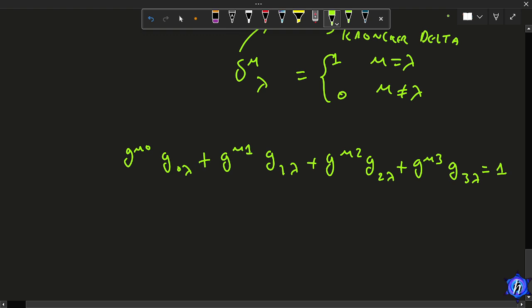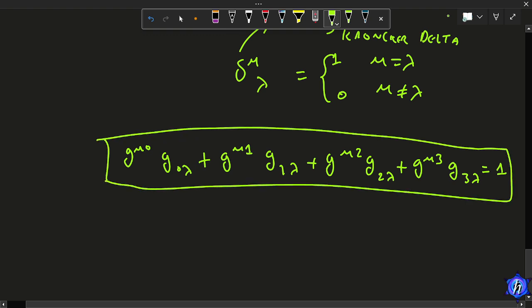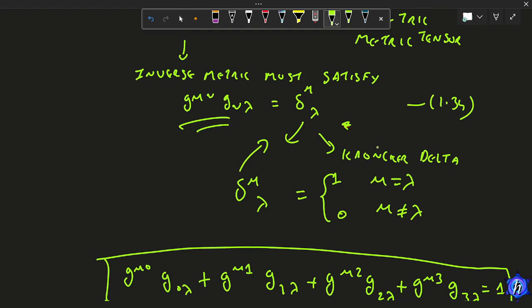This is equal to 1. You can explicitly see this, but again, we don't need this. We'll be mostly using this type of equation.